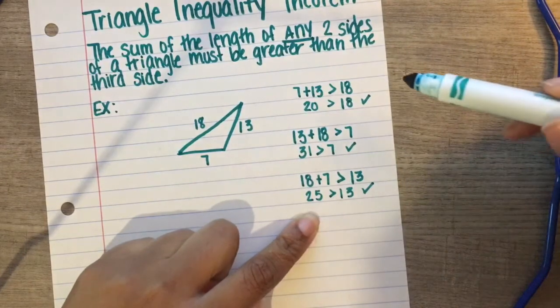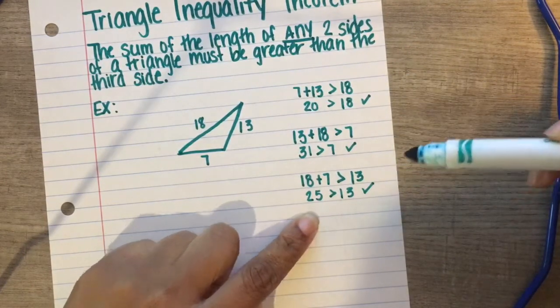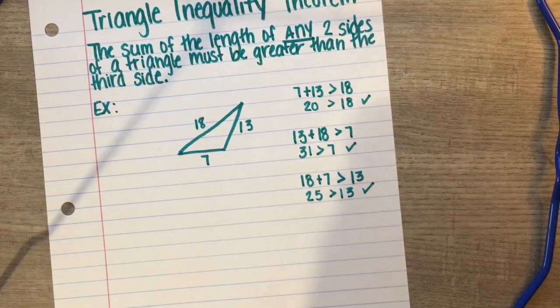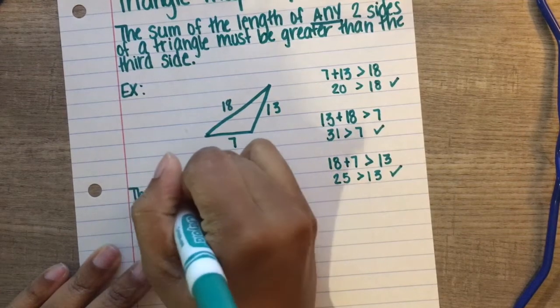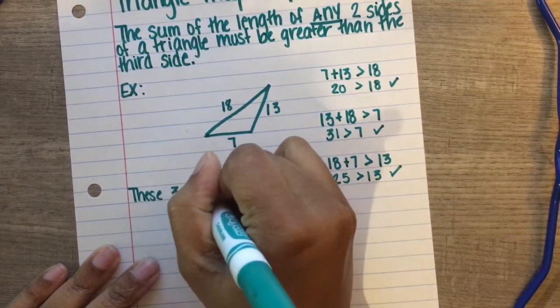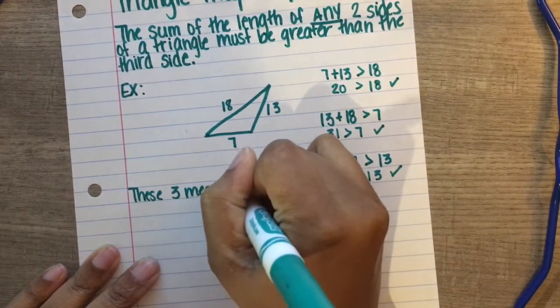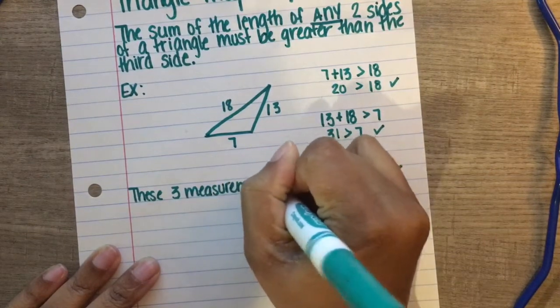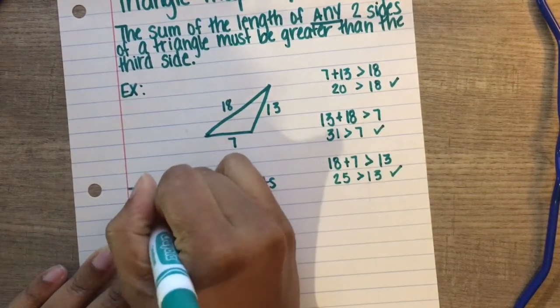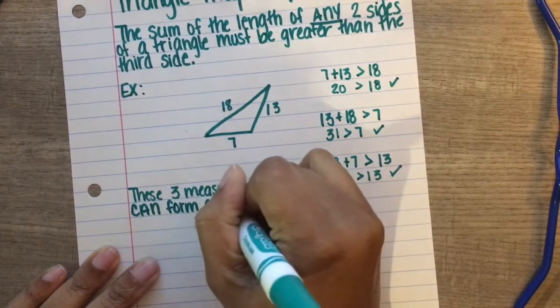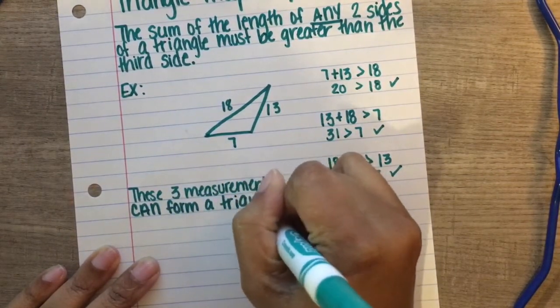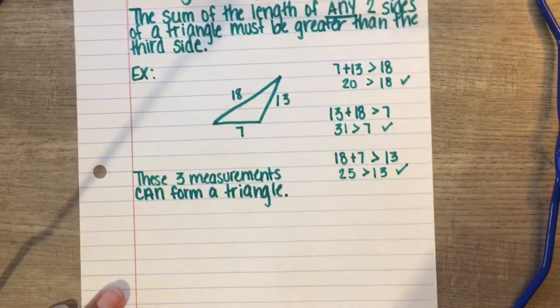So I have a check for all three sets, which means that these three measurements can form a triangle. Okay, and basically that's what it is.